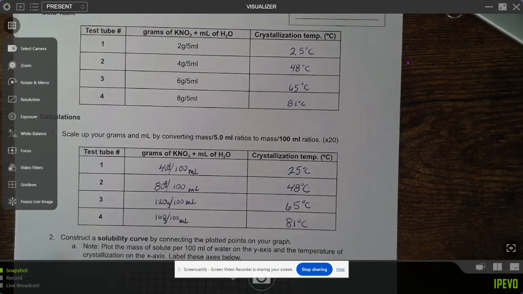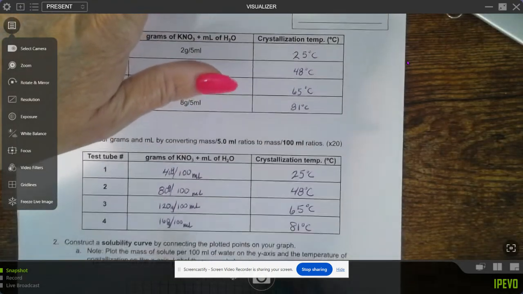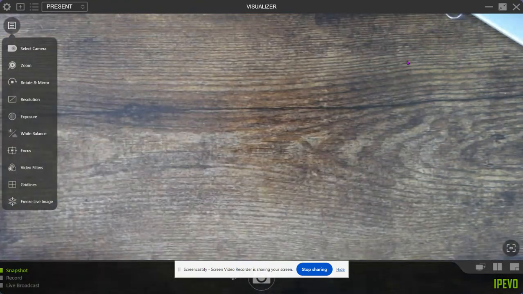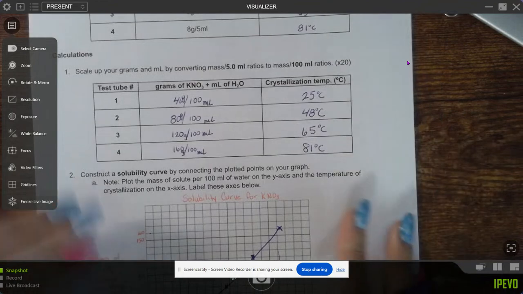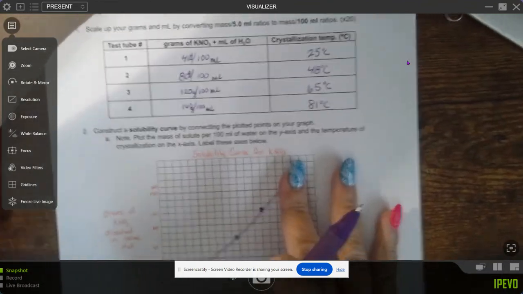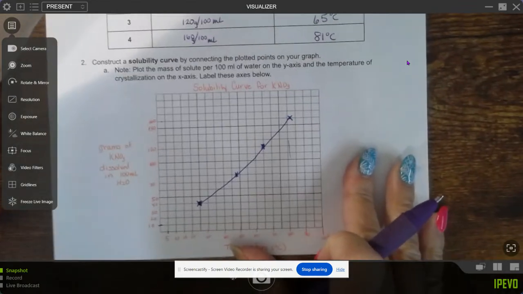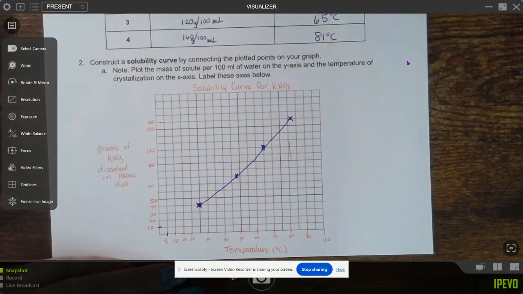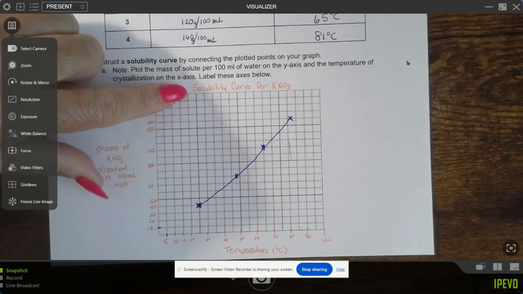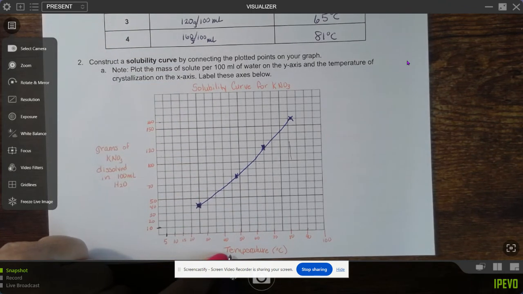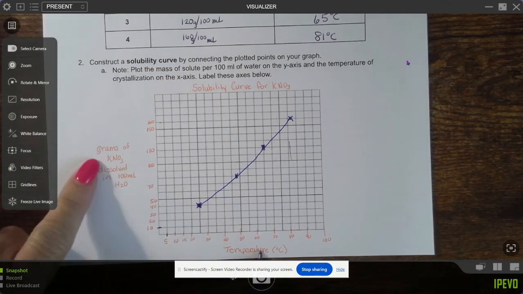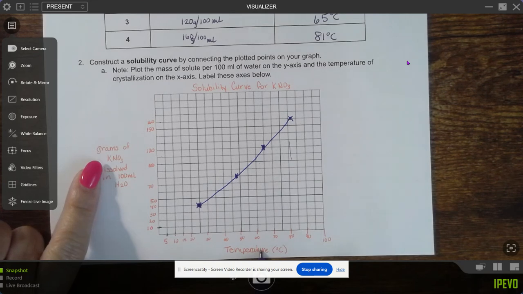Now, to set up your graph, a couple of things. Anytime you create a graph, there are some things that should always be present. The graph should have a title. You should label your x and y axis with what we are actually graphing.